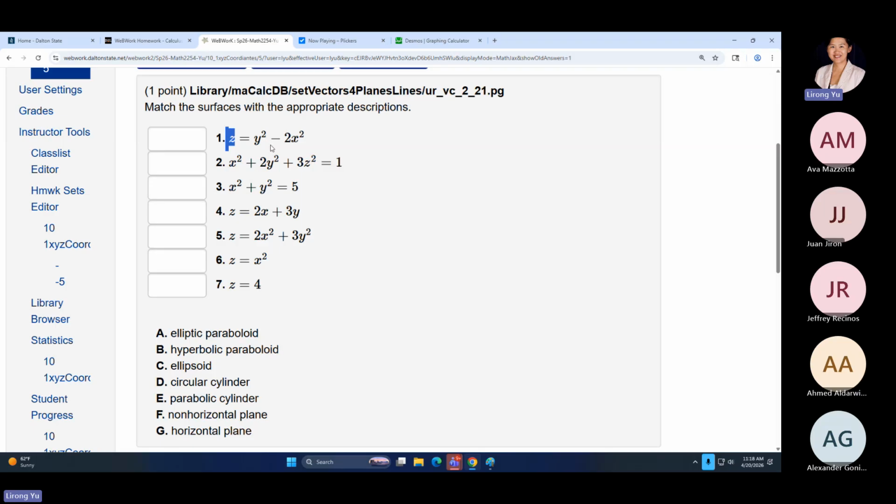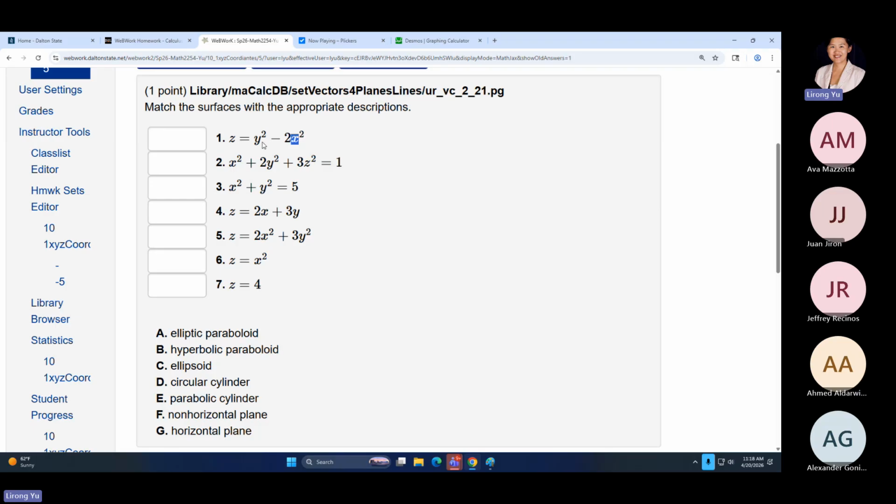And then z and y is also parabolic, meaning that if x equals 0, then z equals y squared, so it's a parabola in the yz plane. The one pair is a hyperbola and there are 2 parabolas, so it's a hyperbolic paraboloid.